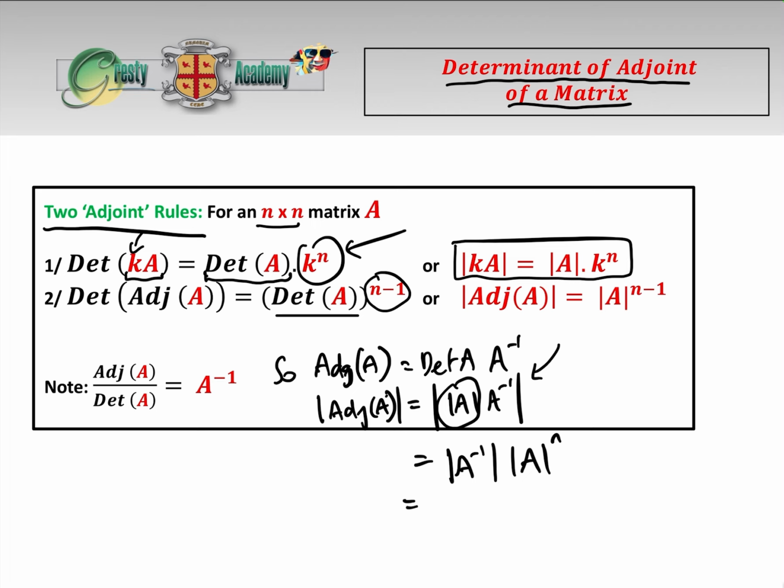The determinant of an inverse matrix is 1 over the determinant of A, so times A to the n equals the determinant of A to the n minus 1, which is where you get that from. Okay, that's just a little aside, just to make people understand.